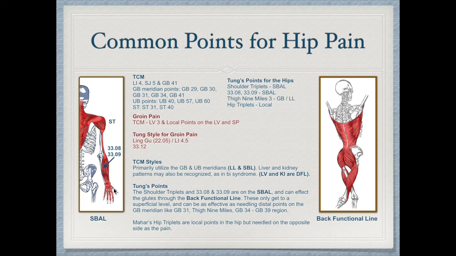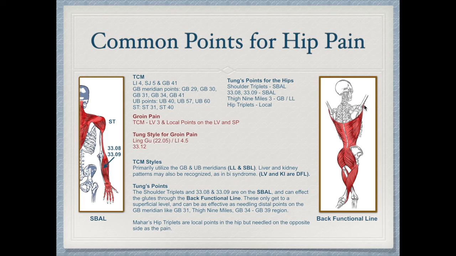And we find in the traditional point protocols, we find LI4 and Sanjiao 5 often being recommended. However, there are other groups that we can use, and in the Dong system, we use the shoulder triplets. Now, one thing to understand about this superficial back arm line is that it has a strong effect on this back functional line because the lats attach to the humerus in the area of the deltoid.